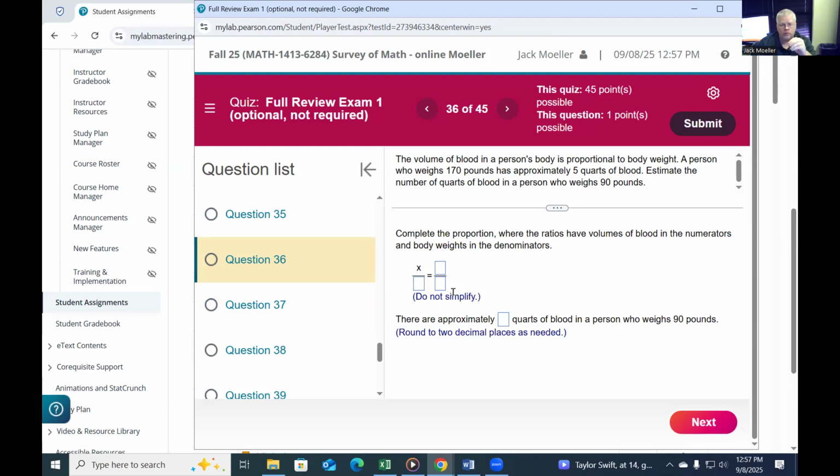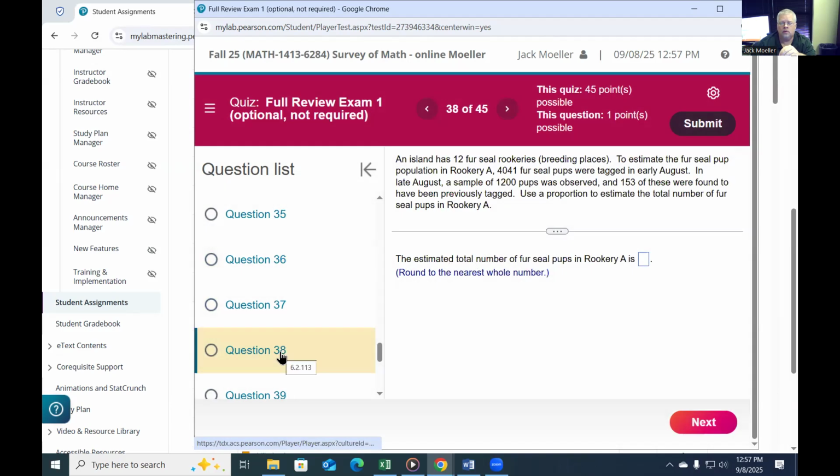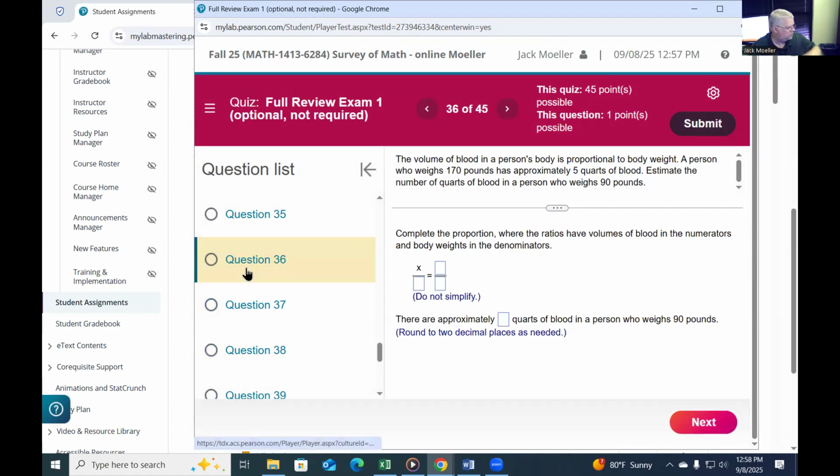Just put in the numbers where they're supposed to be, then they're going to have you solve it. Or you might have one where it doesn't give you the setup, it just says solve it. You have to be a little bit careful on the ones that have the setup because they tell you specifically what goes in top, what goes in bottom.